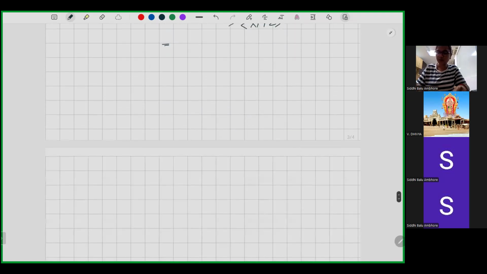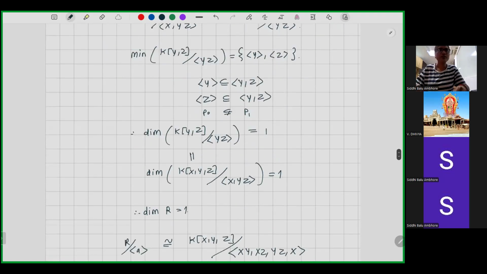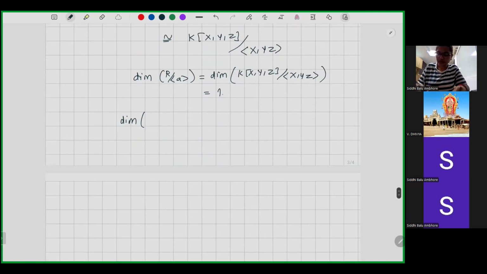So the dimension of R mod A is the dimension of k[x, y, z] mod (x, yz), which we already calculated, which is 1. Okay, so the dimension of R is 1, the dimension of R mod A is 1. Therefore the height of A bar must be 0.